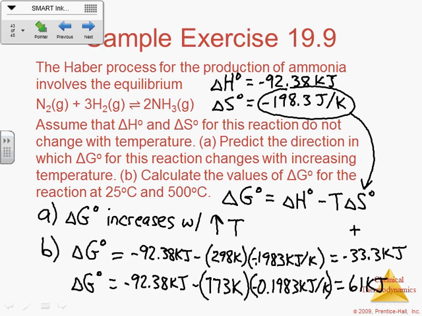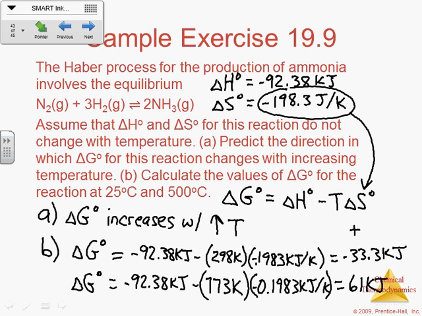So guess what happened eventually as we increased the temperature on this one? It went from being spontaneous to being non-spontaneous. So this is just another way of looking at this. Let's say that we were trying to figure out the way to make the most NH3 possible.